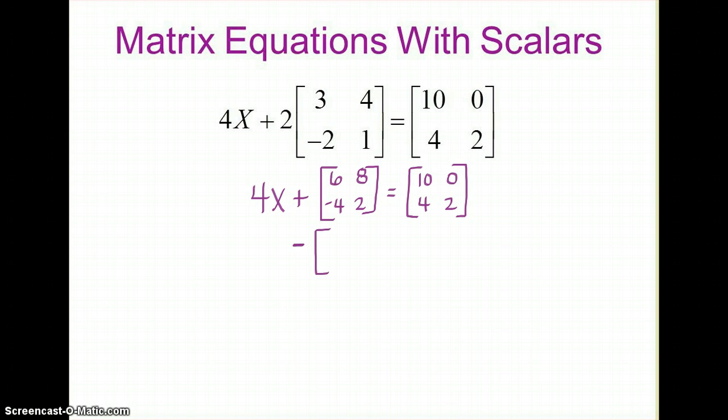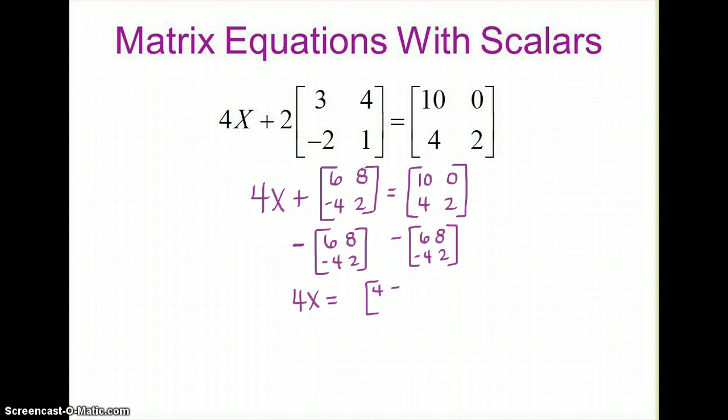I'm going to use subtraction, and I'm going to go 6, 8, -4, 2, and I'm going to subtract that like we did in the last section, 6, 8, -4, 2. That results in 4x equals the matrix. Let's see, 10 minus 6 is going to be 4, 0 minus 8 is going to be -8, and 4 minus -4 is going to be +8, and 2 minus 2 is going to be 0.